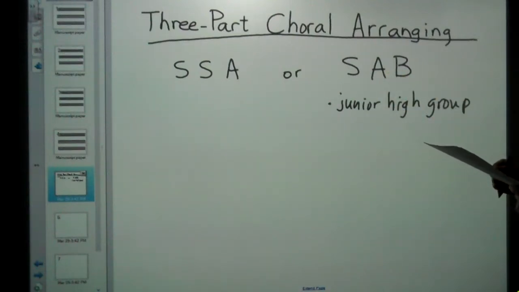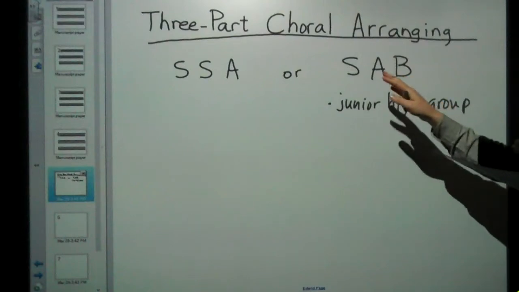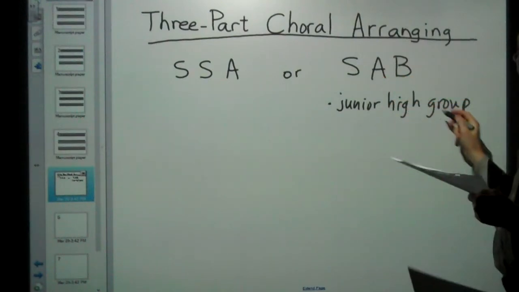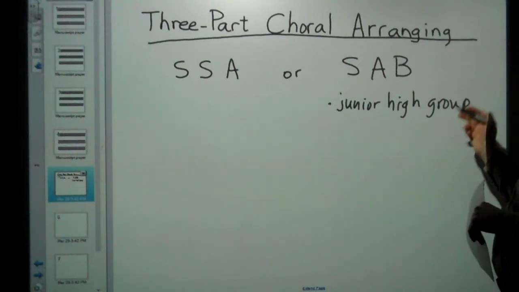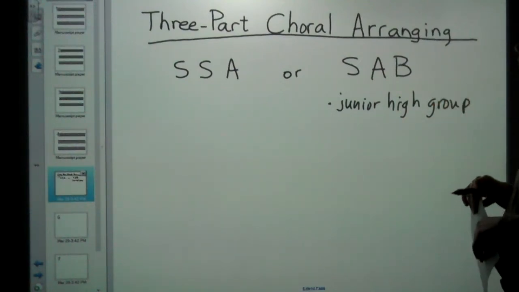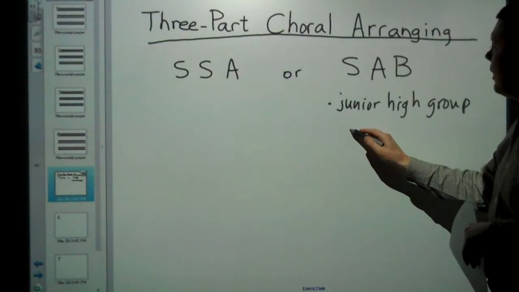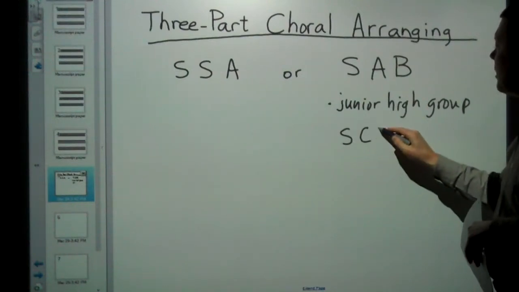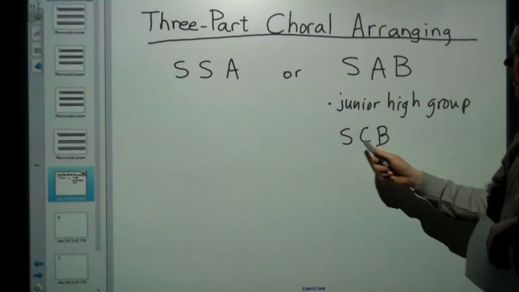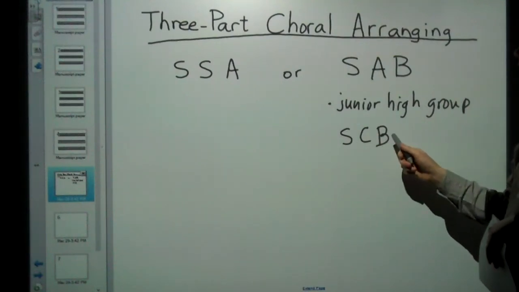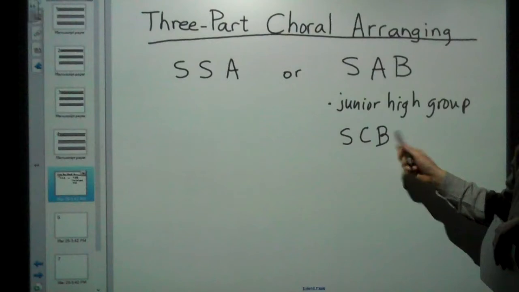And the correct designation for this arrangement, when you have junior high groups and some boys are singing with unchanged voices, whereas some are singing with the changed voices, the baritone part, it is referred to as SCB rather than SAB. And again, here we have soprano, cambiata voice, and baritone voice.